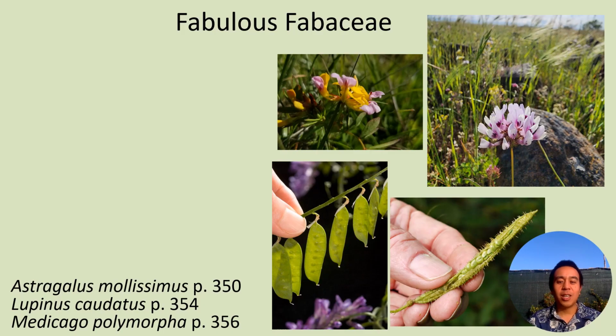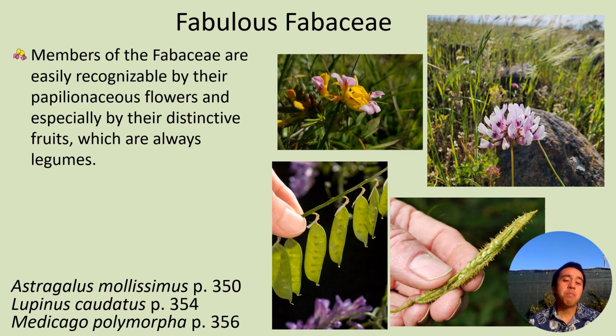So, this week we'll be talking about the fabulous Fabaceae family, which is one of my personal favorites because they have such beautiful flowers. Members of the Fabaceae family are often easily recognizable by their papilionaceous flowers and especially by their distinctive fruits, which are always legumes.